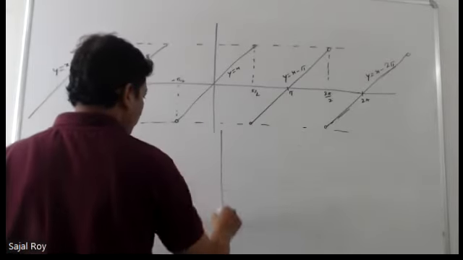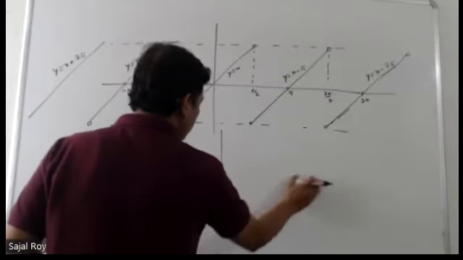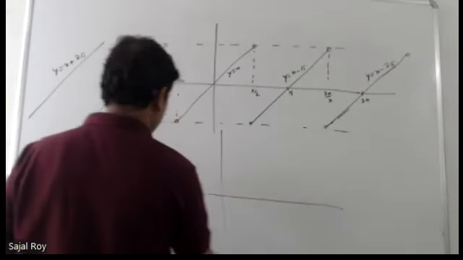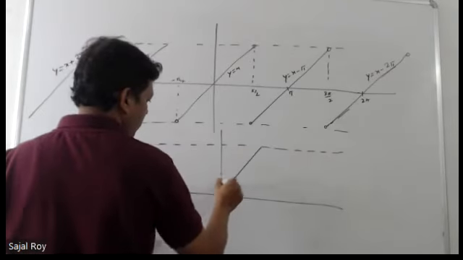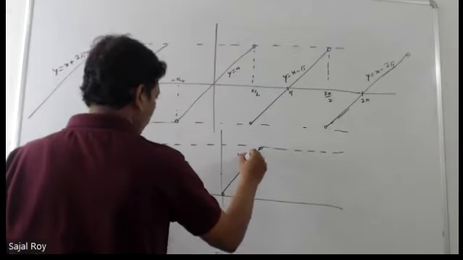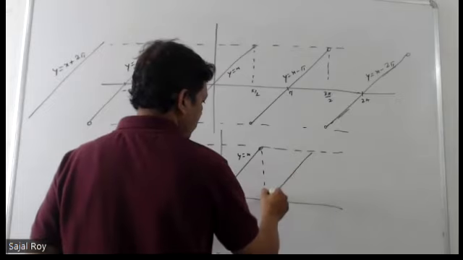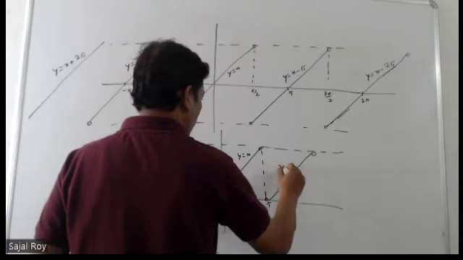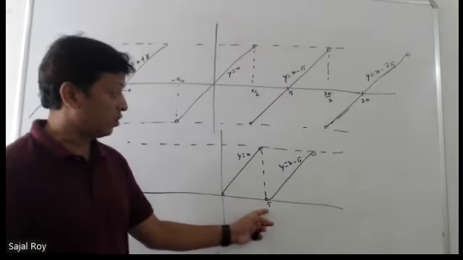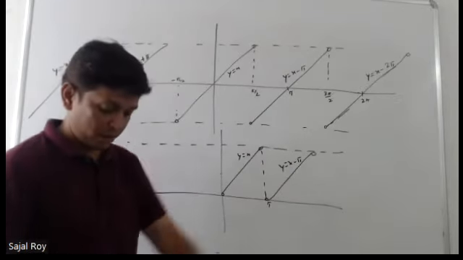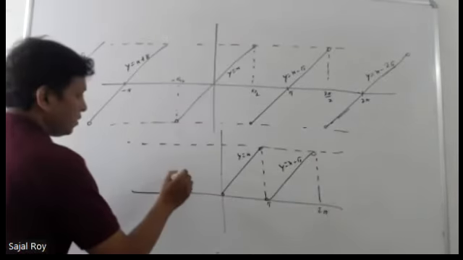Then y equal to cot inverse of cot x. Let me draw. Y equal to x, y equal to x minus pi, because cot x has discontinuities at pi, 2 pi, 3 pi, etc., where it is undefined.